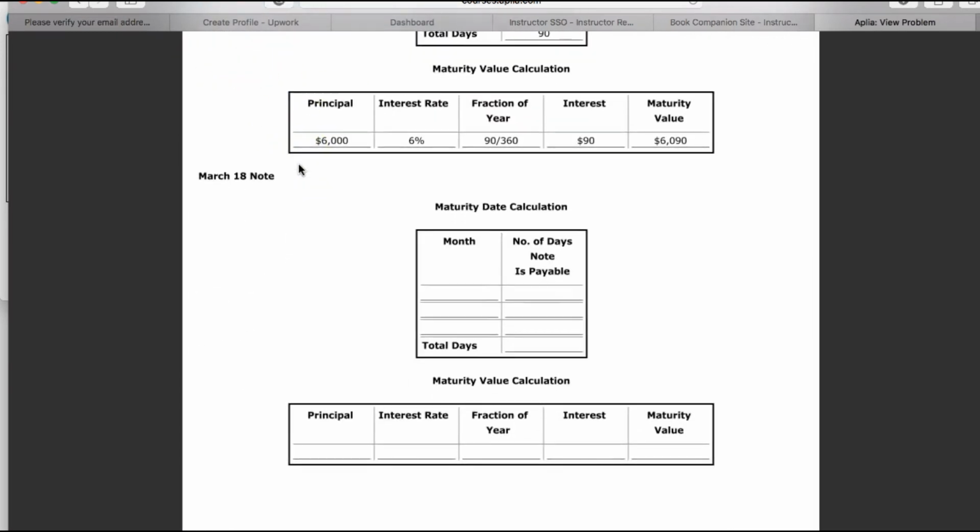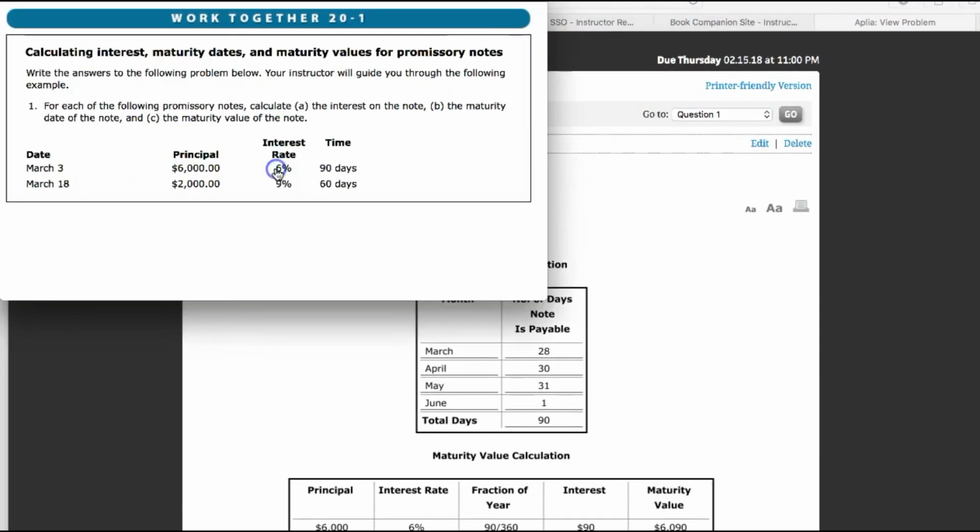So now let's move on to the March 18th note. Let's go up and get our directions. The March 18th note is $2,000 principal, 9% for 60 days.